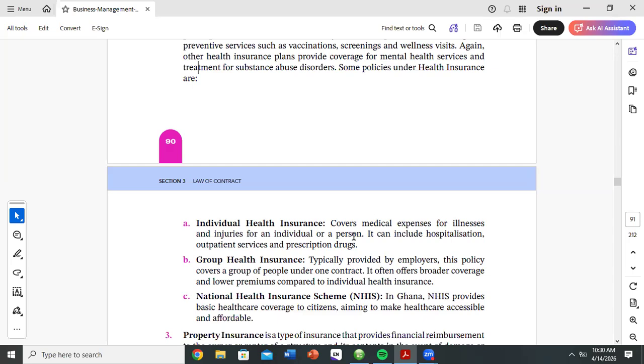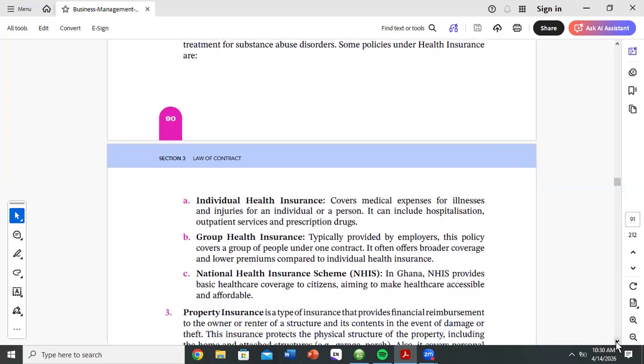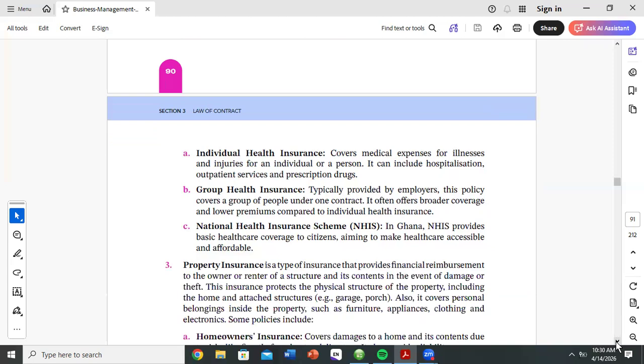And then group, you can have a company insuring all the employees of the company, or maybe some associations insure all their members. That is group. And then the national health is for the whole nation, so every citizen is insured. So that's about health insurance.